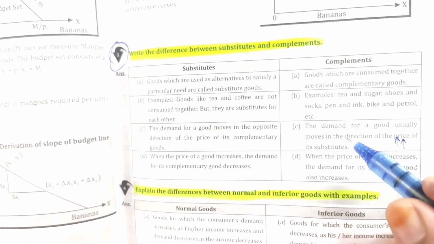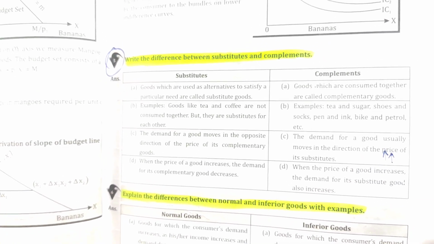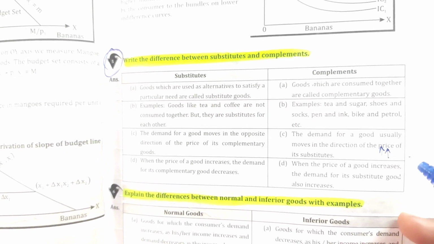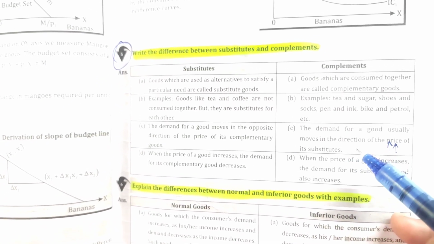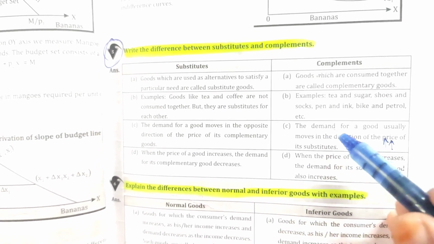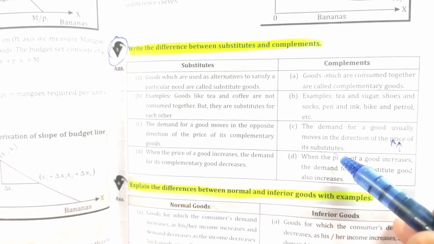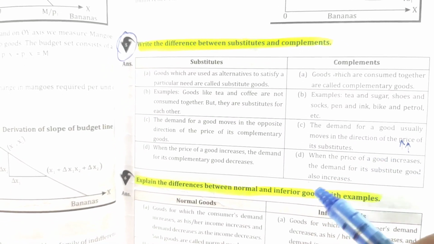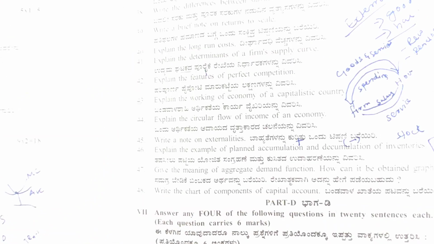So it moves in the same direction as the price of its complementary goods. That is what you need to write about substitutes and complements.